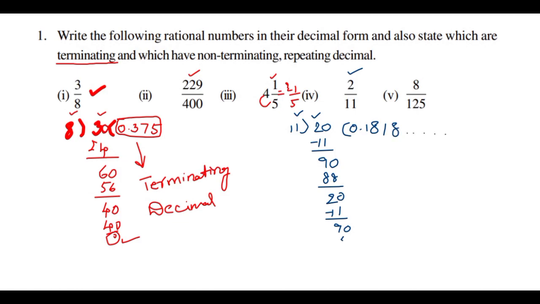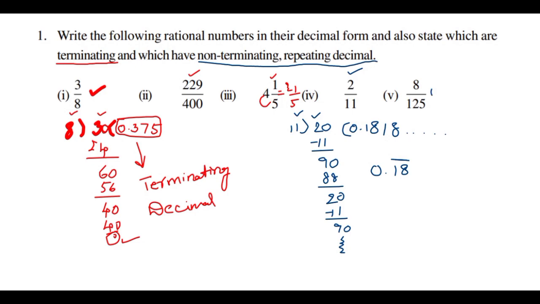Because here you can't find the remainder as 0, it should be continuing decimals like 0.181818, and so on. So how to write this one? We write 0.18 with a bar. Bar 18 means that the 2 digits 18 keep on repeating, right? This type of decimals are called non-terminating repeating decimals.